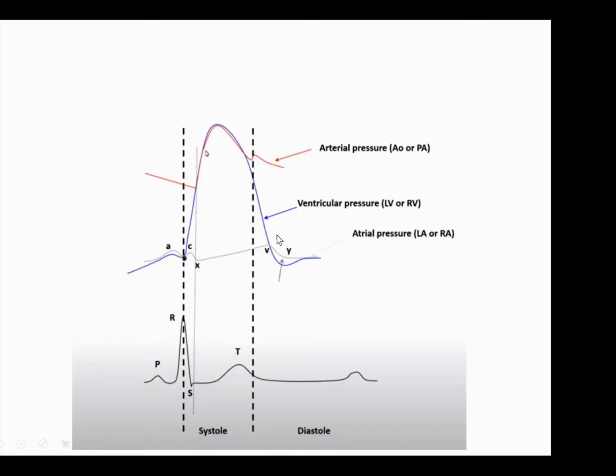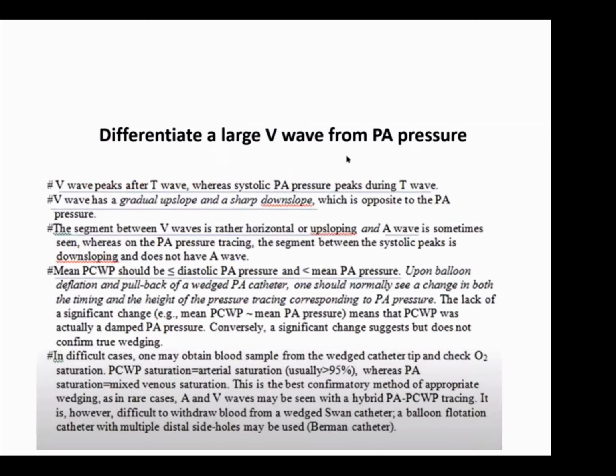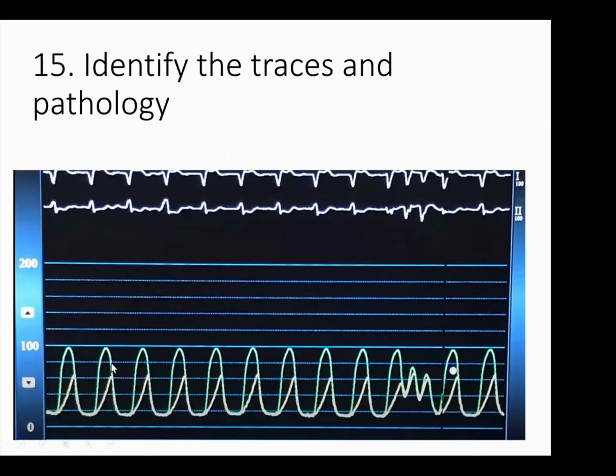So now carefully look again. Had it been the aortic pressure trace, this peaking would be occurring here simultaneously with the LV peaking. So this is not the aortic pressure trace.